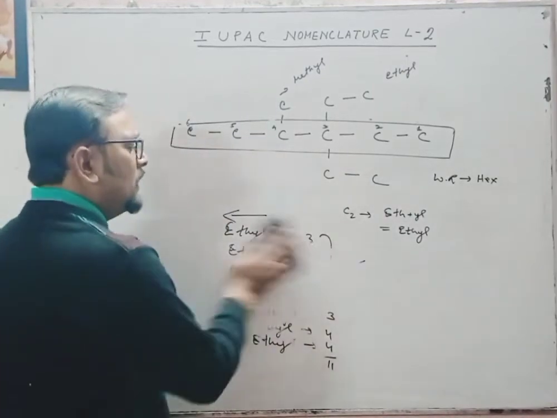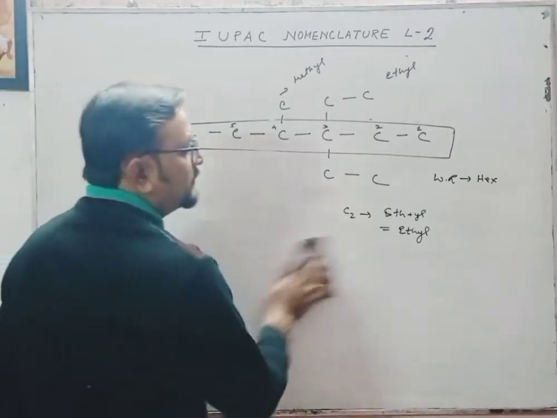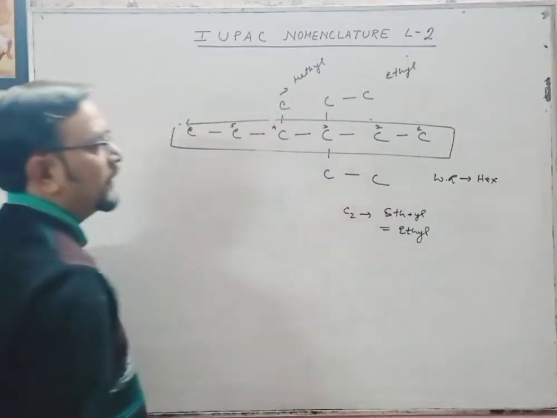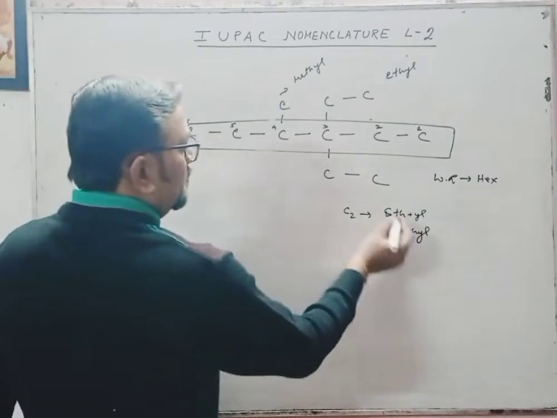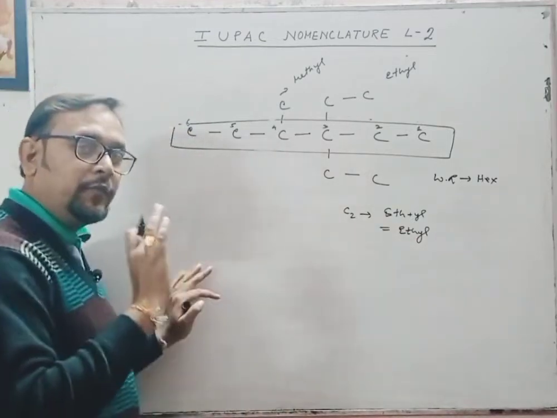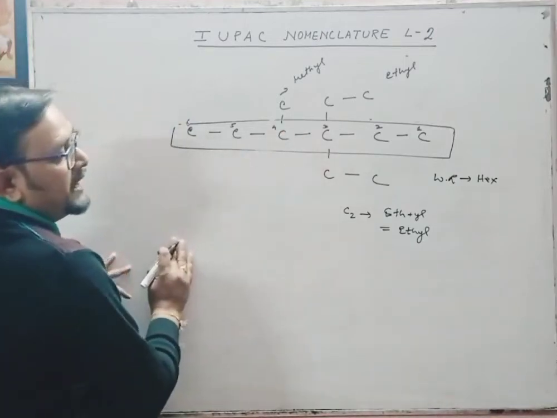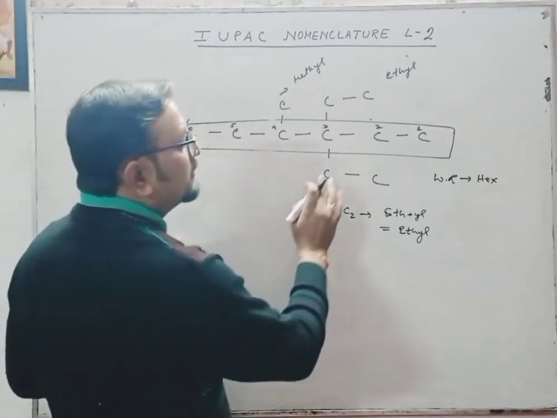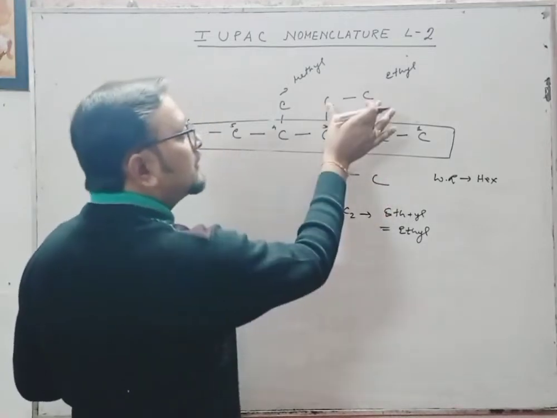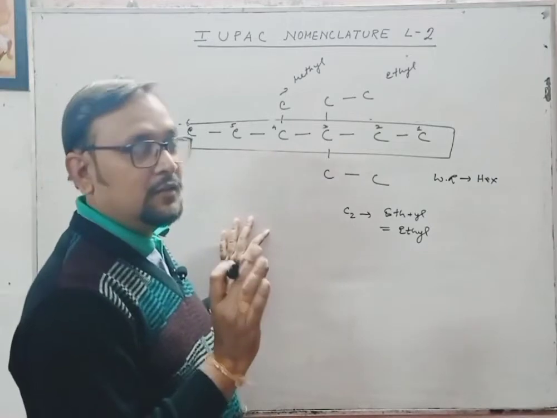Now once you complete this, finally it's time to write the name. So first we will start with the substituent. While naming, you have to follow the alphabetical order. This time you see, my dear students, that the same ethyl substituent has repeated twice.